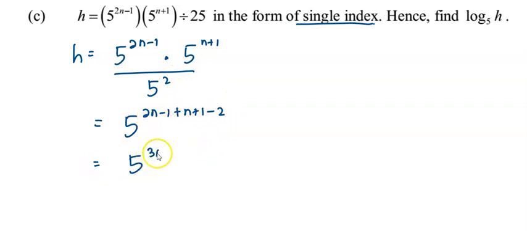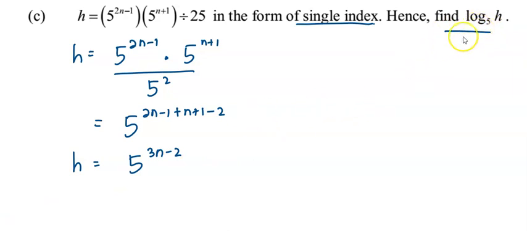That is the power of 3n, negative 1 plus 1, 0. So I got 3n minus 2. So now you have h equals 5 power of 3n minus 2. I need to find log h to the base of 5.